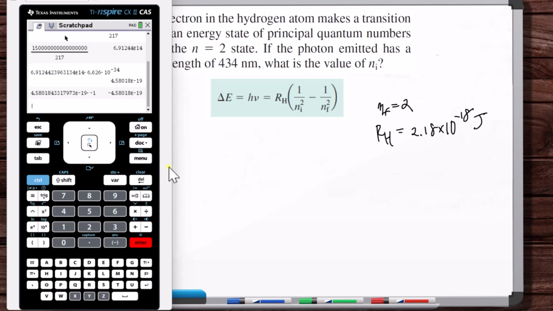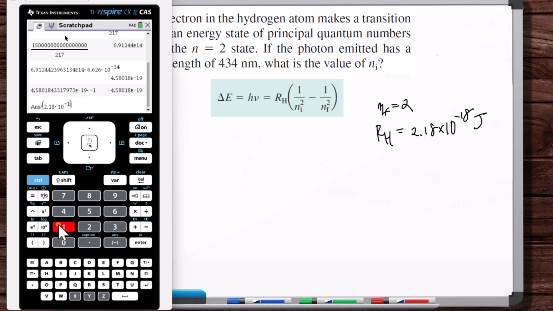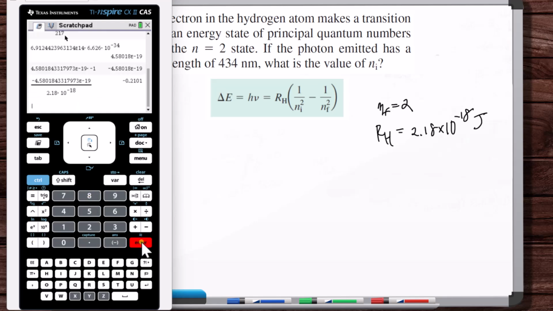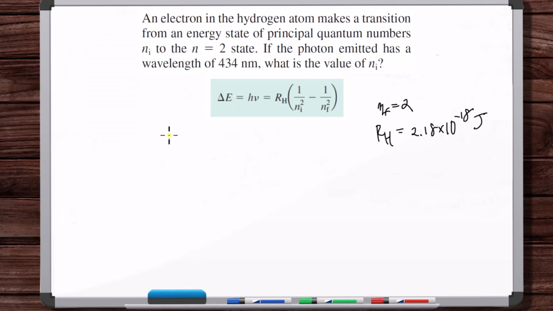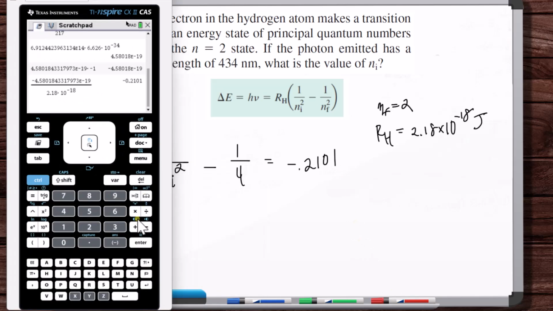Okay, now let's divide this by that R sub H, 2.18 times 10 to the minus 18, which gives minus 0.2101. So what we have is this: 1 over n_i squared minus 1 over n_f squared is minus 0.2101. So let's add 0.25 to this.